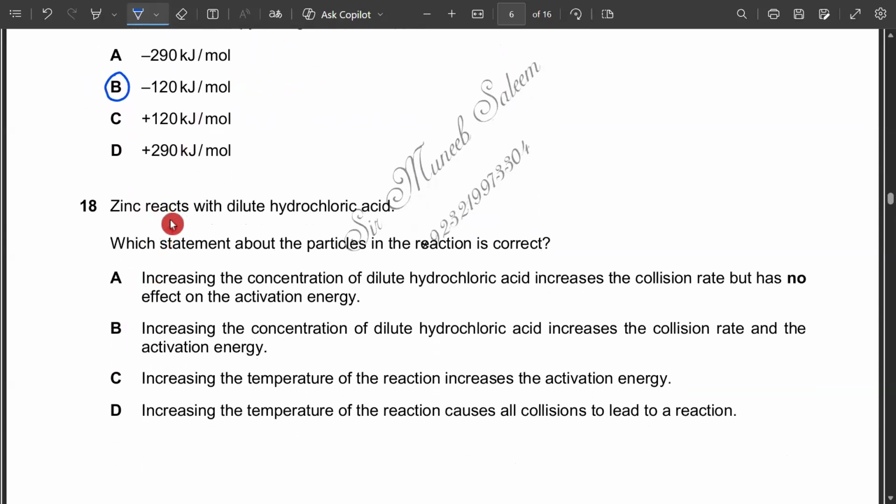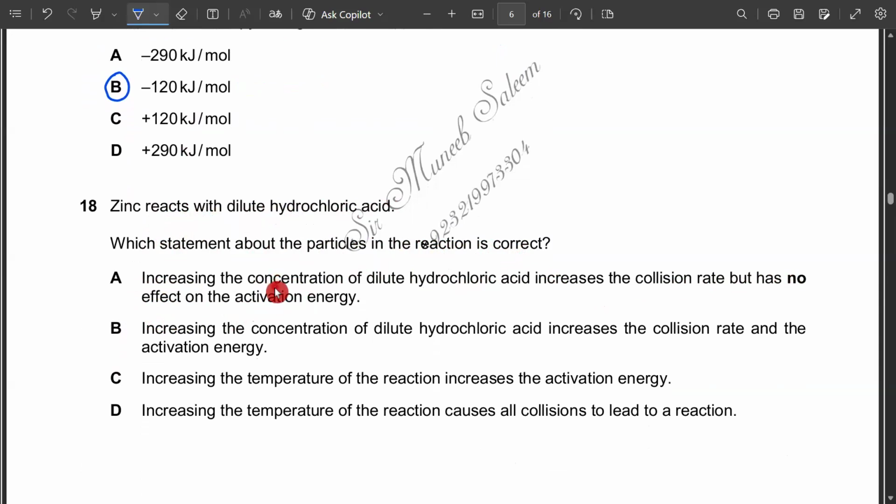Then question number 18: zinc reacts with dilute hydrochloric acid. Which statement about the particles in the reaction is correct? Option A: increasing the concentration of the dilute hydrochloric acid increases the collision rate, but has no effect on the activation energy.